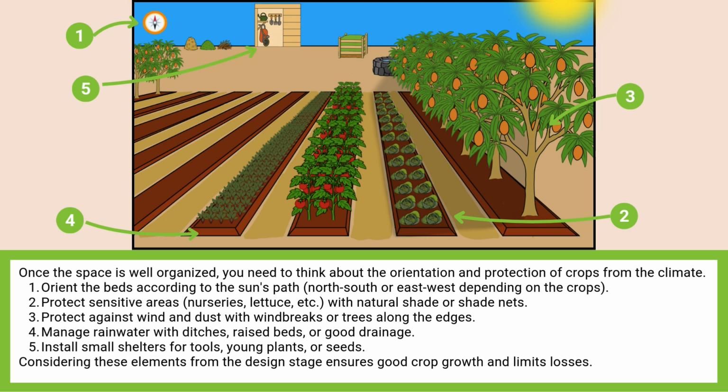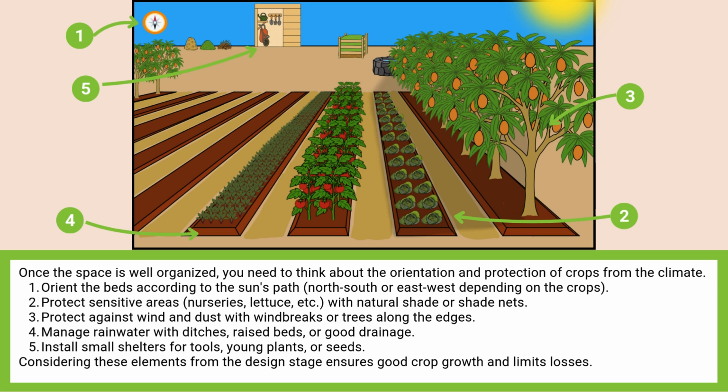Once the space is well organized, you need to think about the orientation and protection of crops from the climate. 1. Orient the beds according to the sun's path, north-south or east-west depending on the crops. 2. Protect sensitive areas, nurseries, lettuce, etc., with natural shade or shade nets. 3.